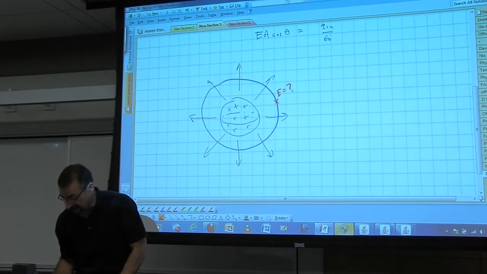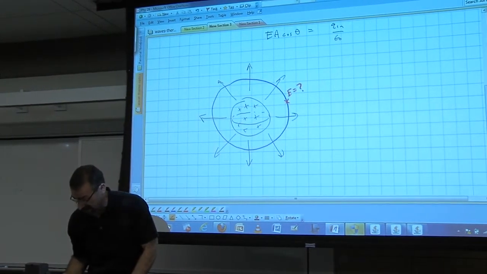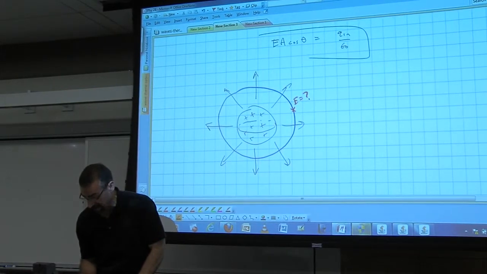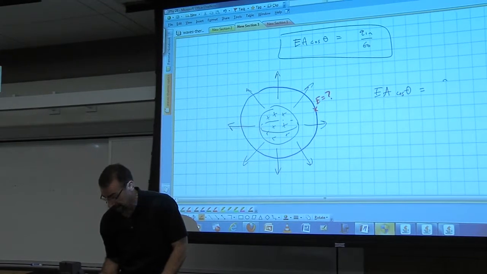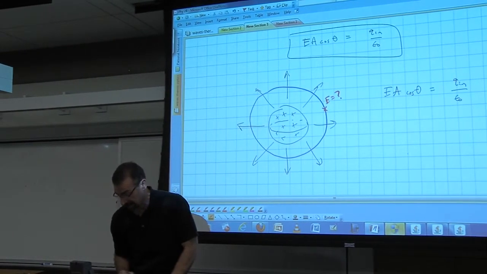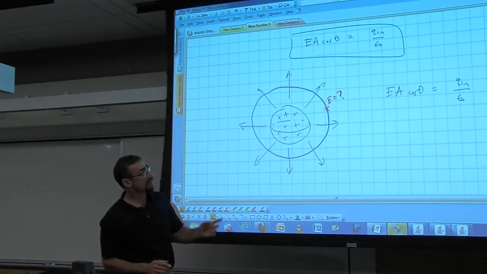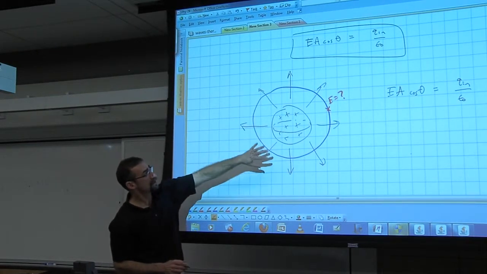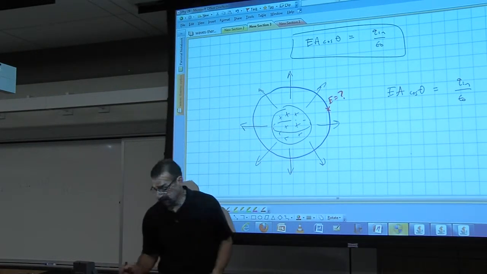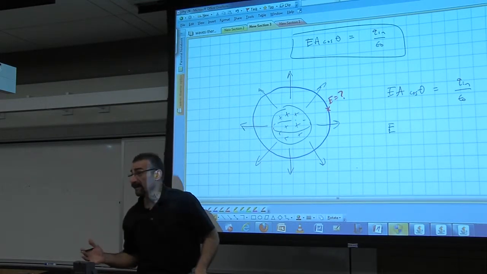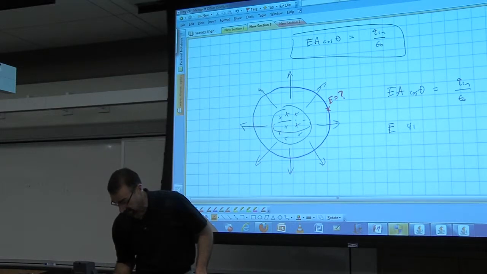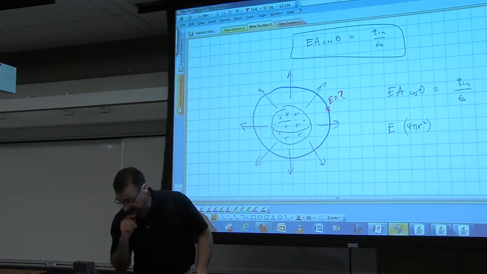Now we say, we know from Gauss's law that this relationship holds true. So the electric field is constant everywhere over the surface. That's what we're trying to find, right? I'll just leave it as E. The area of a sphere, 4 pi r squared. And what is the angle here?